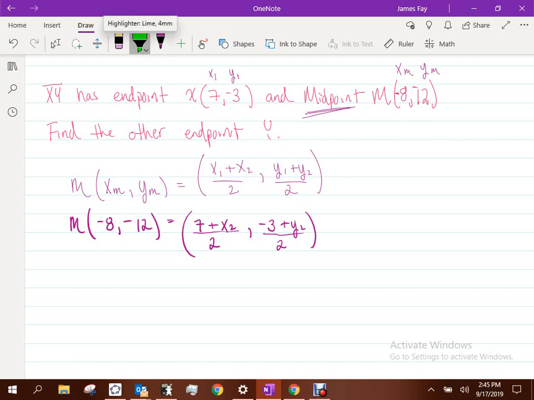Now, what is going on here is that this is a set of rules that generates this ordered pair. Okay? That means this thing here should generate this x value. So I get an equation that I can write as negative 8 is equal to 7 plus x sub 2 over 2.